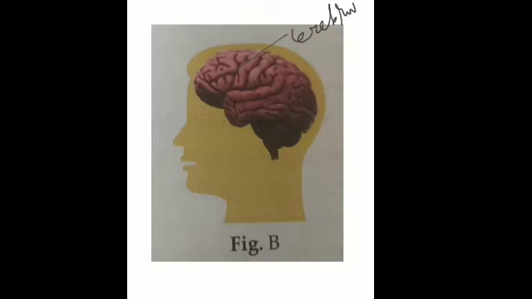And a person might not be able to ride his bicycle again after a fall due to damage to this part. This is the cerebellum, which controls the balance of our body, in jogging, cycling, walking, swimming, all these activities. Is it clear?